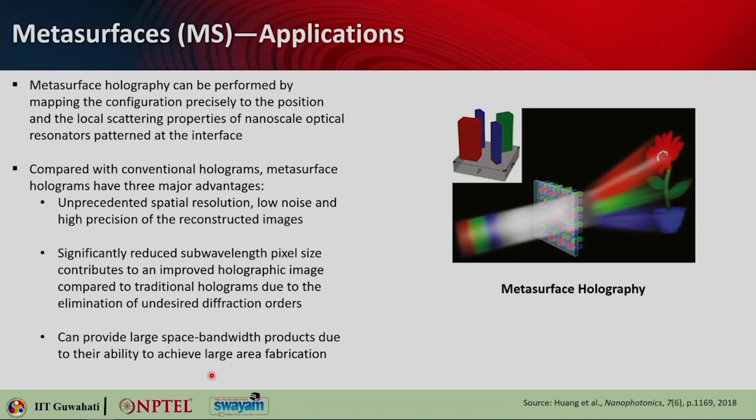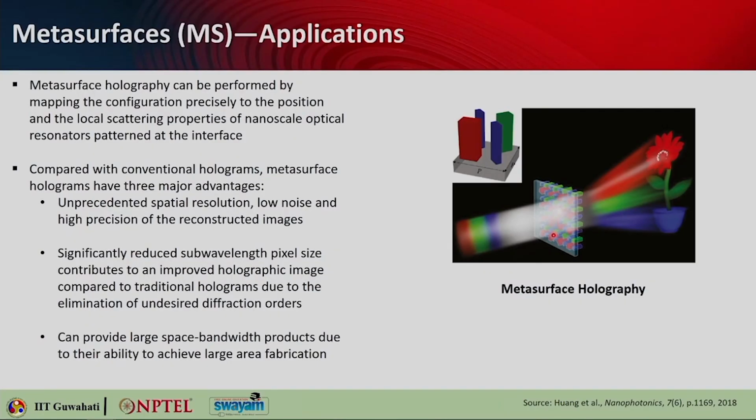So here you can see the schematic illustration of a multicolor dielectric meta surface. You see this one, and this is one particular meta atom which has multiplexing of silicon nano blocks of different shapes and orientation.